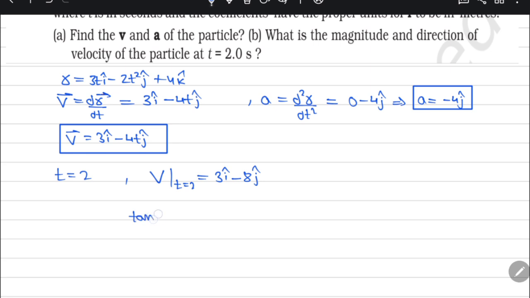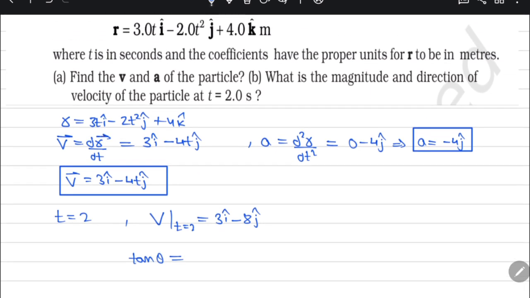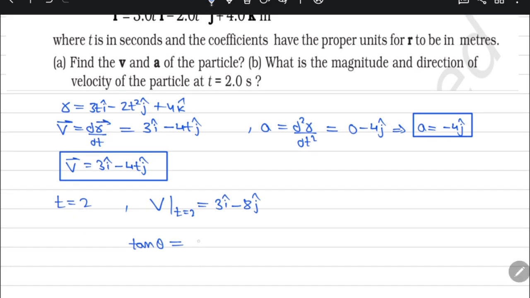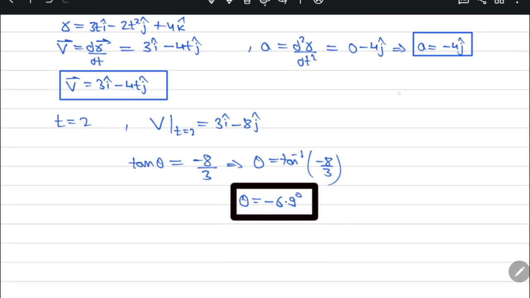And direction you can find by finding the angle, tan theta is equal to minus 8 by 3, so tan inverse of minus 8 divided by 3 comes out to be minus 69 degree, right? It is like this.